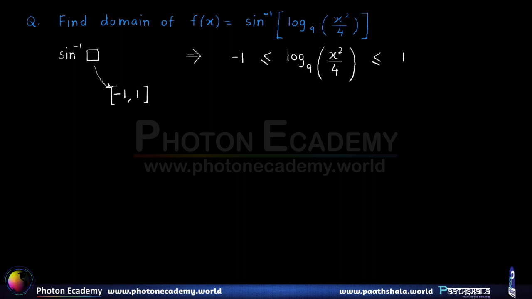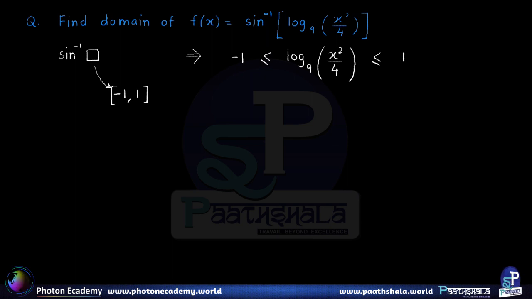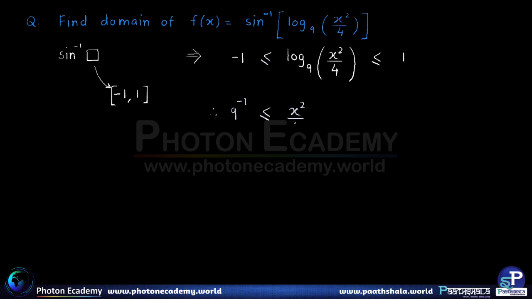So if we raise all sides of the inequality as an exponent of 9, we will get 9 raised to minus 1. Since exponentiation and logarithm are opposite processes, we will be left with just x square upon 4 less than or equal to 9 raised to 1.